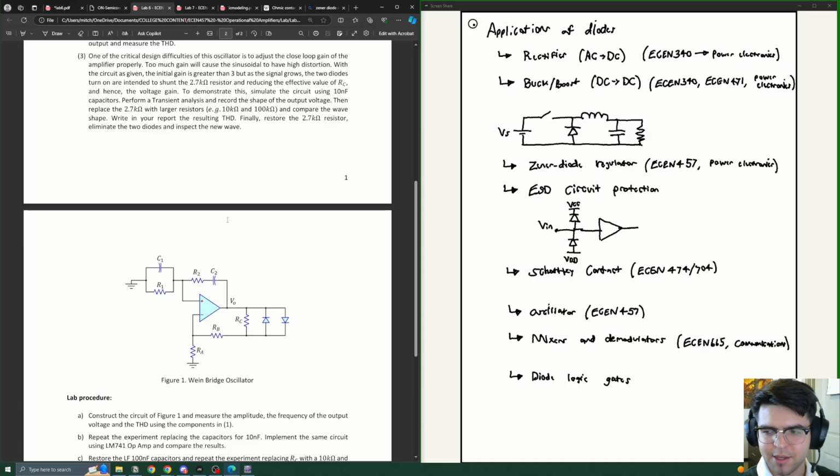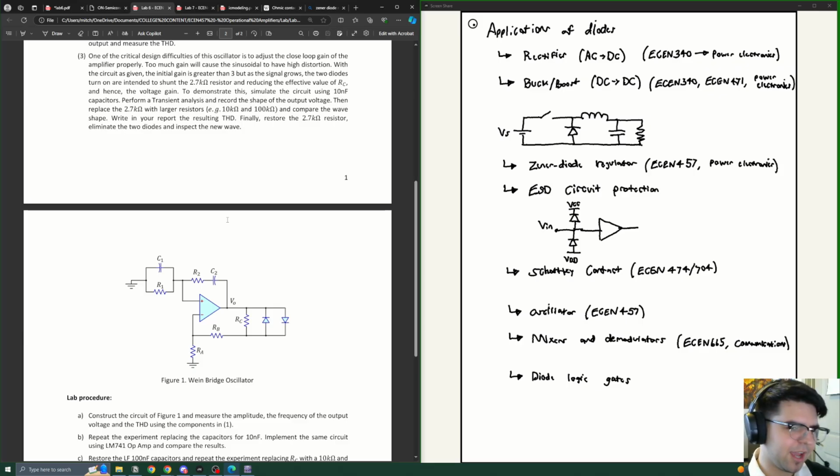It's a fun topic. Next, we also have mixers and demodulators. Mixers are the idea of frequency mixers: if I input two different frequencies into a circuit, can I synthesize another frequency? This uses lots of Schottky diodes, usually because it deals with higher switching designs.